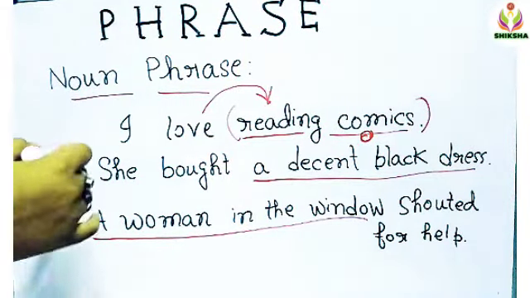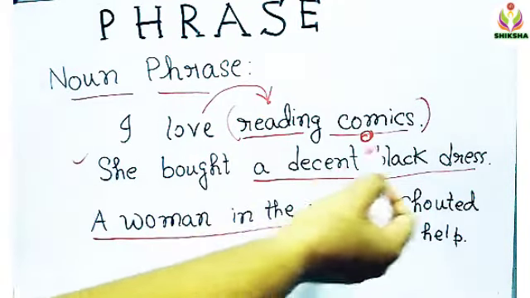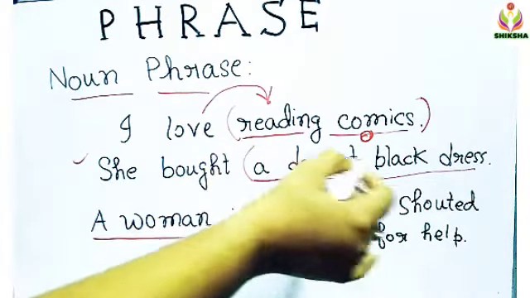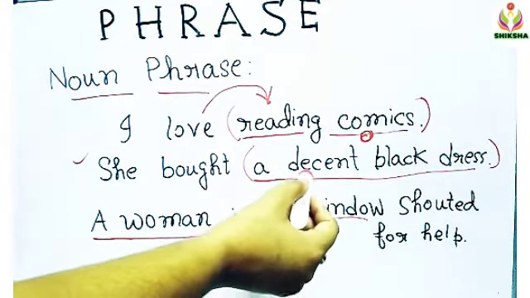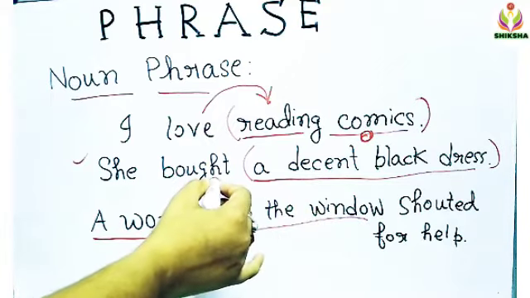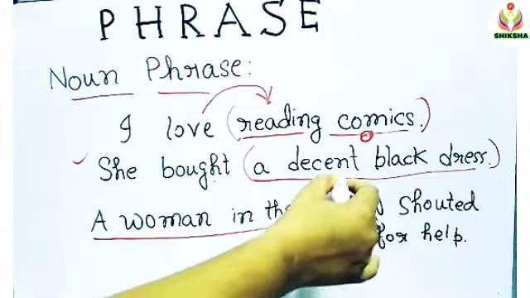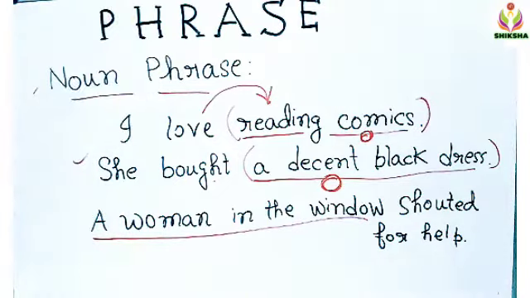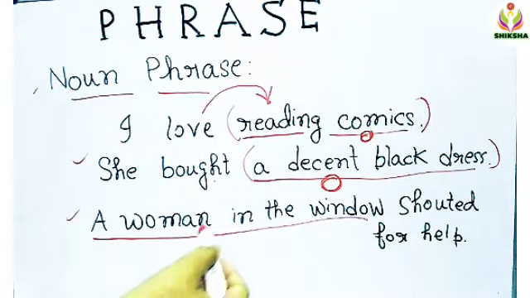Similarly, in the second sentence, she bought a decent black dress. So if I ask, she bought what? The answer is a decent black dress. So here the underlined part is answering the question, she bought what? That's why it is working here as an object and it is a noun phrase. But in the third sentence, a woman in the window shouted for help.